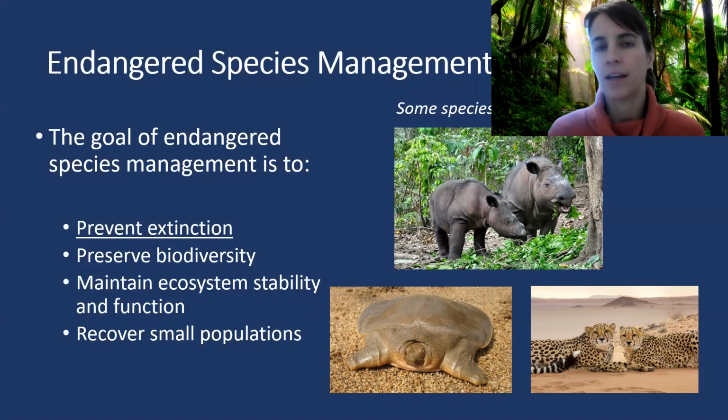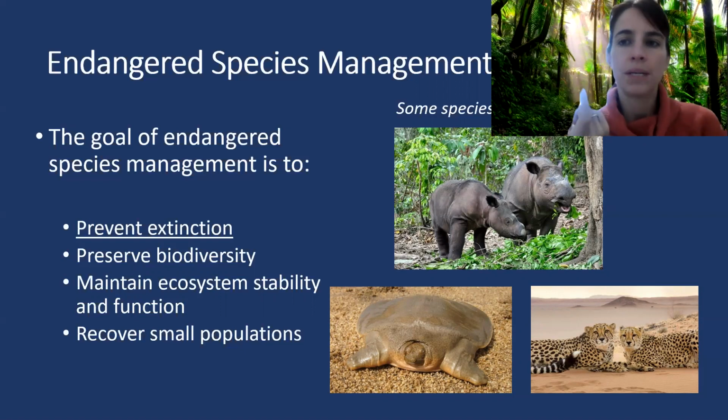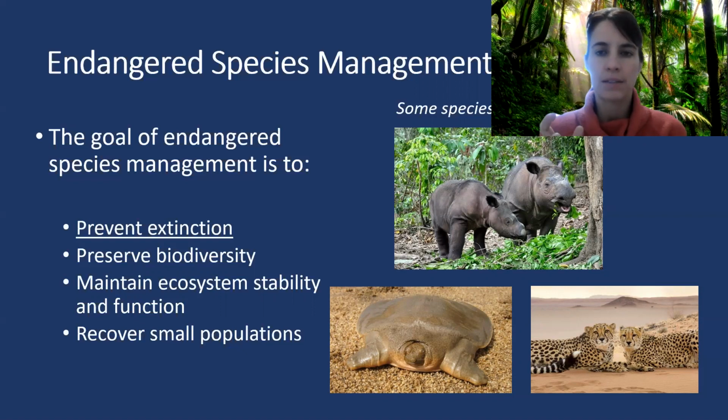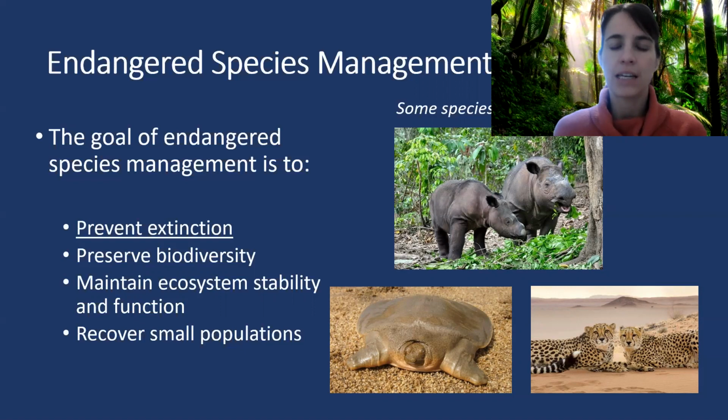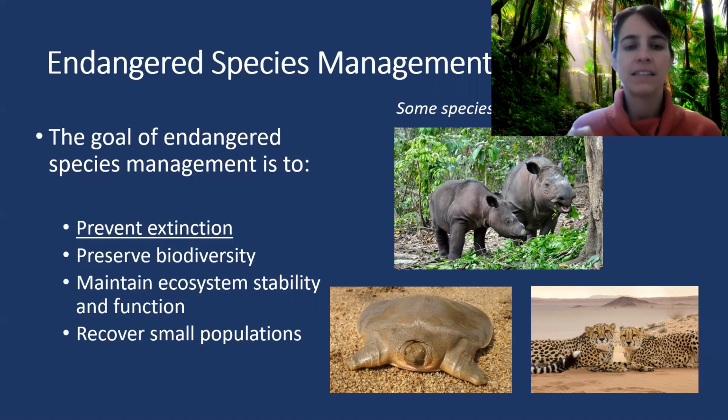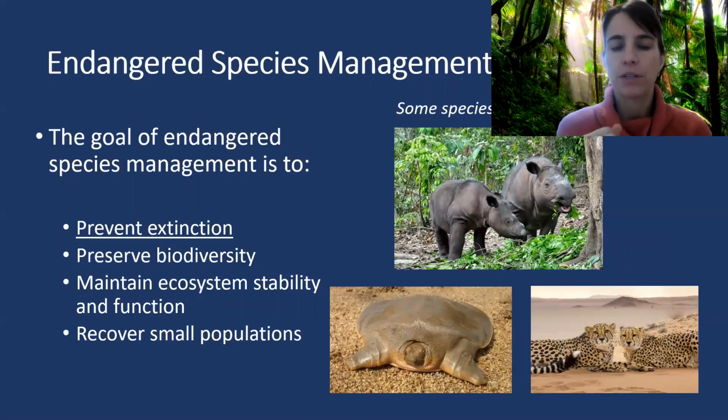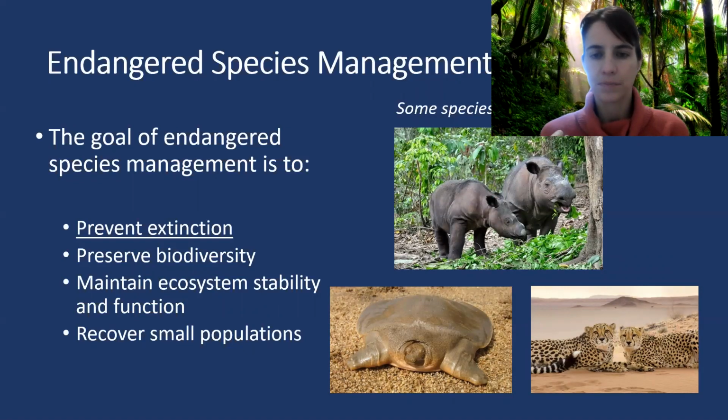So we'll touch on that again later on, but if you lose a species, you don't just lose that species, you change the way in which other species that related to that extinct species now relate to their environment, right? And the last goal there is to recover small populations. Small populations are not good, and we'll go through some reasons why later in this lecture.